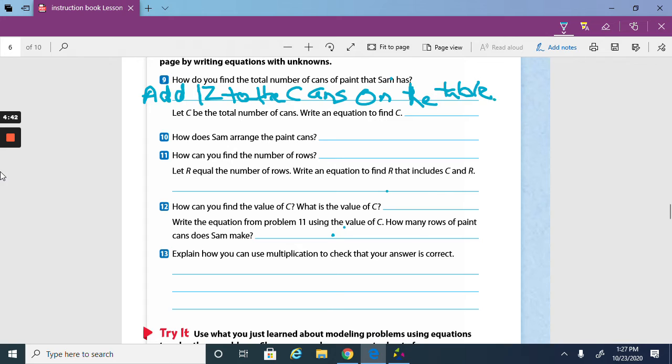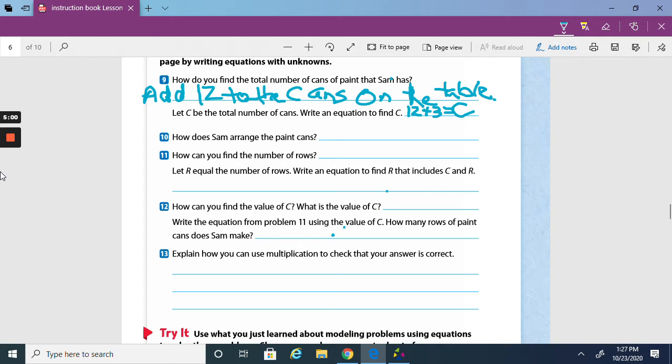I could write that as an equation by doing 12 plus 3 equals C. C represents my total number of cans.